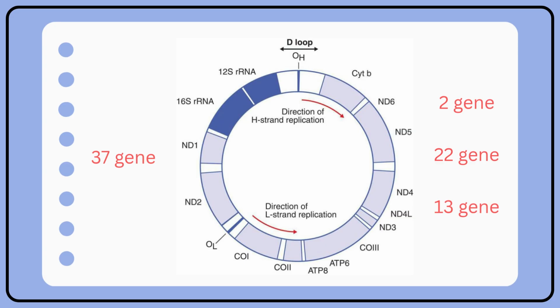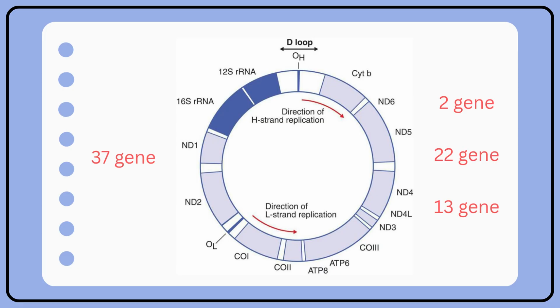These genes include two types of ribosomal RNA or rRNA, 22 transfer RNA or tRNA, and 13 protein coding genes. These proteins are essential subunits of enzymes like cytochrome B and cytochrome oxidase, which are critical for oxidative phosphorylation, the process by which mitochondria produce energy for the cell.